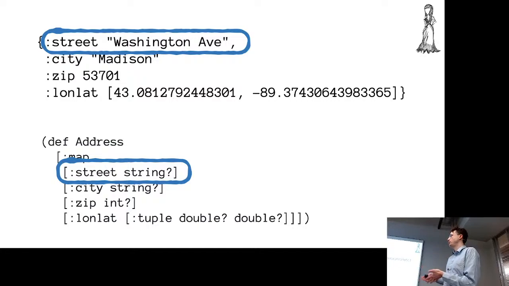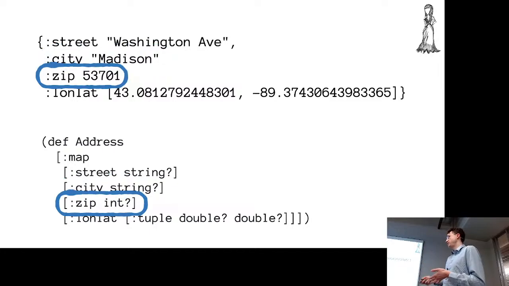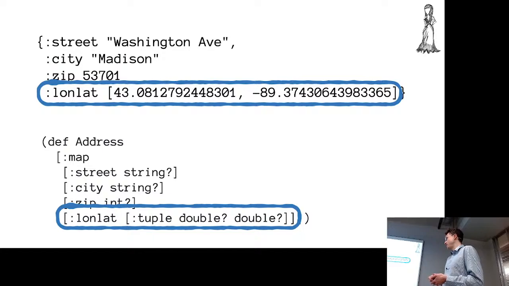The spec tells you what the map needs to look like. So it needs to have a street that is a string. We're on Washington Ave. The city that is a string, that is Madison. Zip code, and long latitude, which is a tuple of 2 numbers. So this is the kind of thing that a spec can do for values, is tell you the shape and the contents of a value.